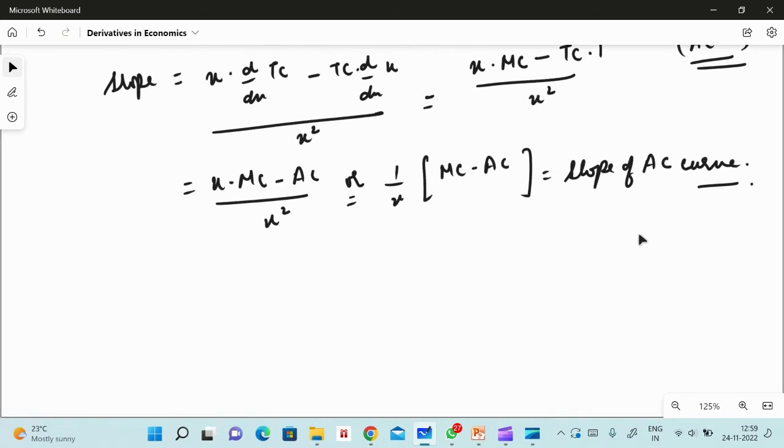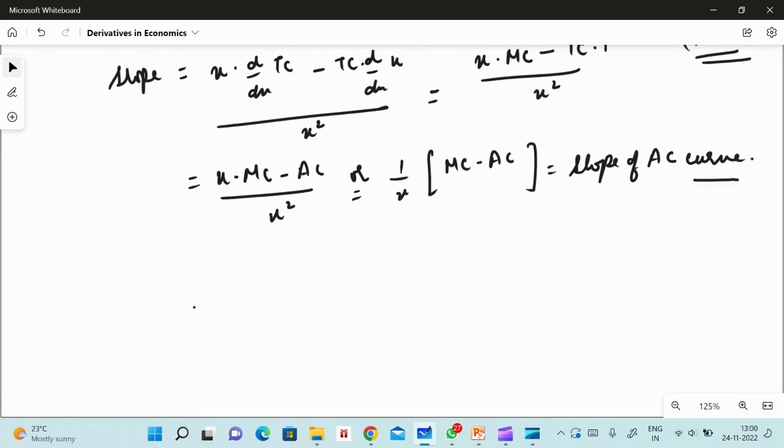And according to economic laws, at the minimum of the average cost function the slope of the average cost curve should be equal to zero, right? So it means 1 upon x of (MC minus AC) is equal to 0.